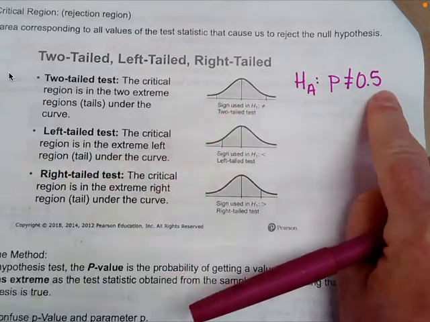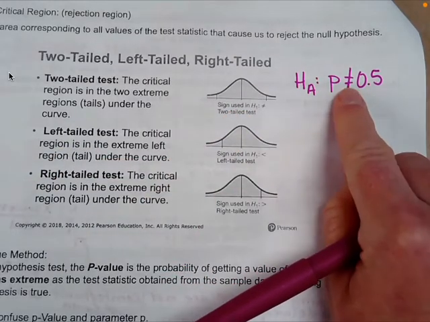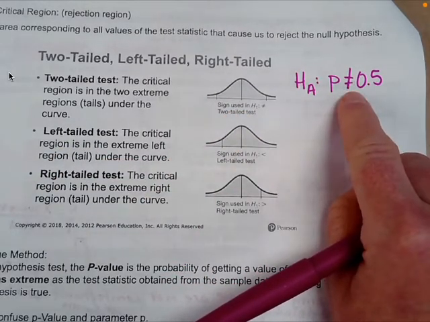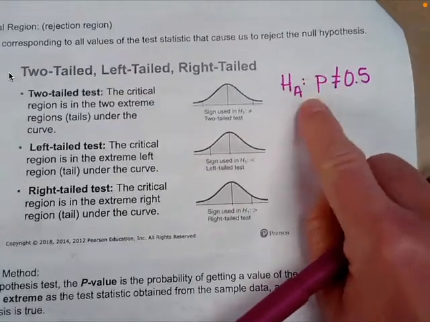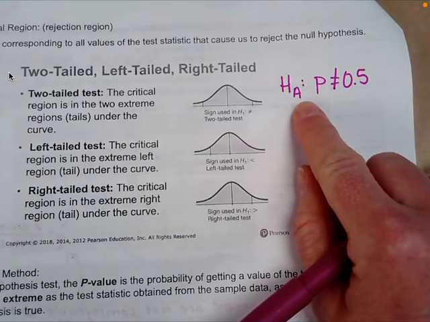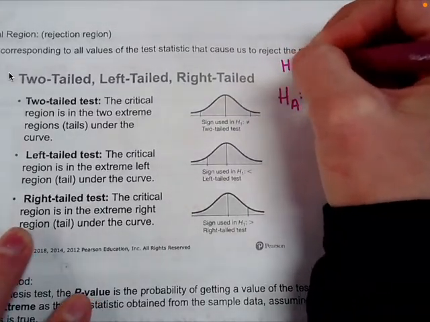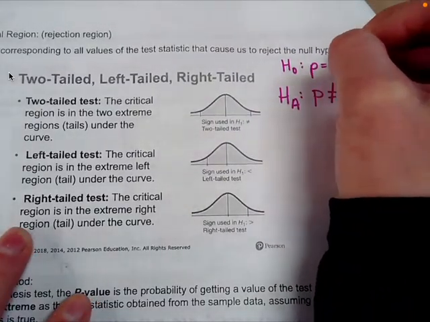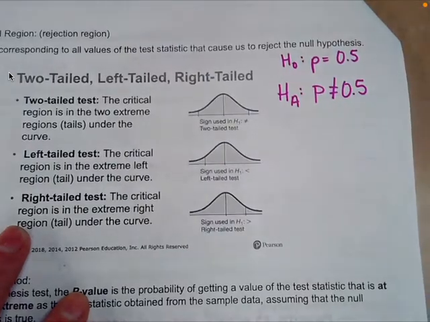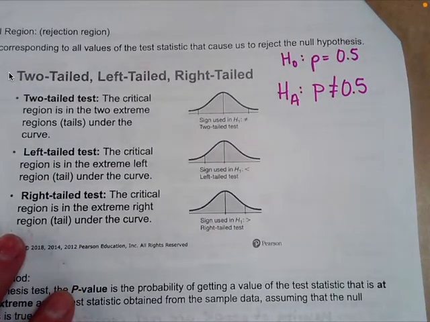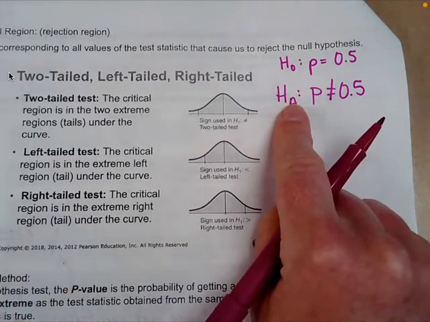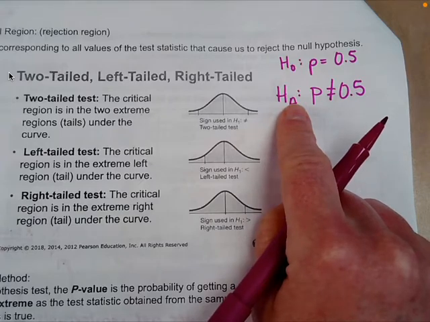That's just an example. So for the two-tailed, you have the not equal. This is for your alternative. Our null is always equal, so don't forget that. The null is always equal to whatever it is, say 0.5. But our alternative is what our claim is testing.